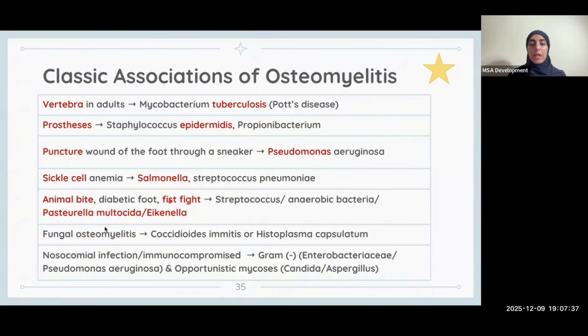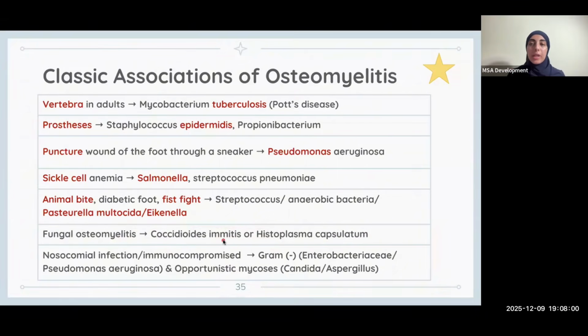Okay? The next two groups are someone who has fungal osteomyelitis and someone who's immunocompromised. You will see fungi here, and then you will also see fungi here in immunocompromised. Now, what's the difference? In this fungal osteomyelitis caused by Coccidioides immitis and Histoplasma capsulatum, these two are endemic fungi.